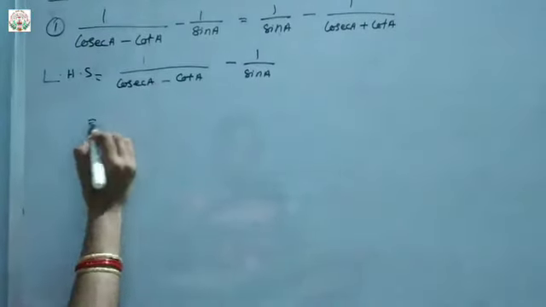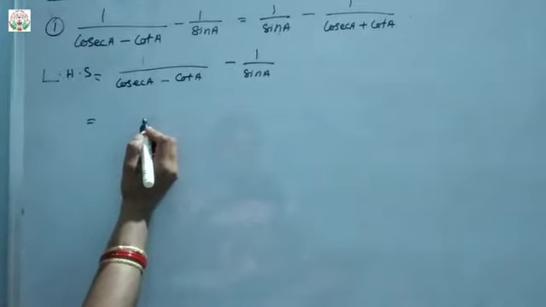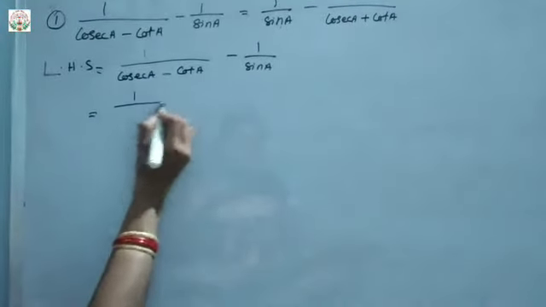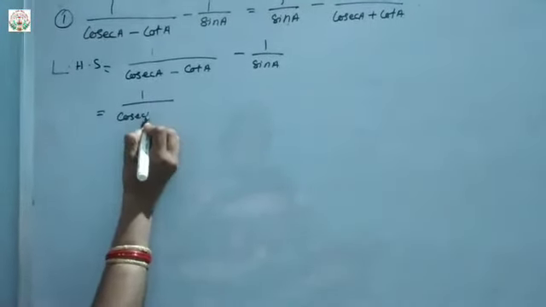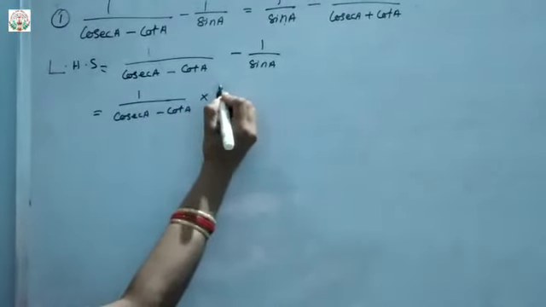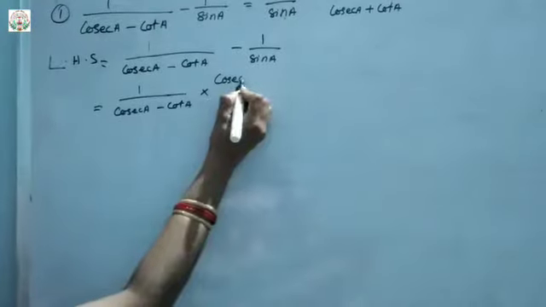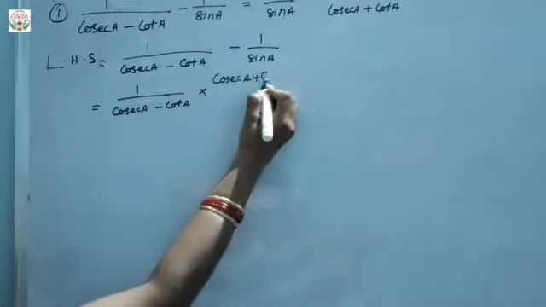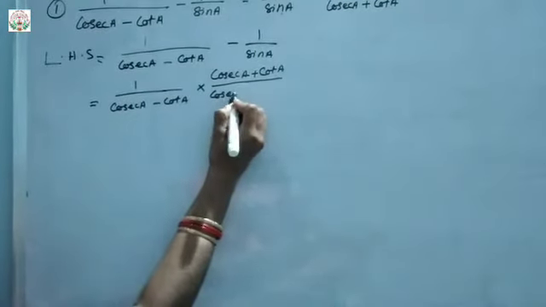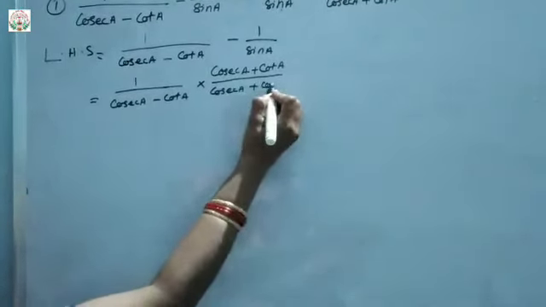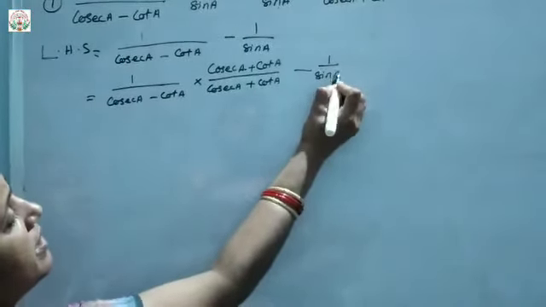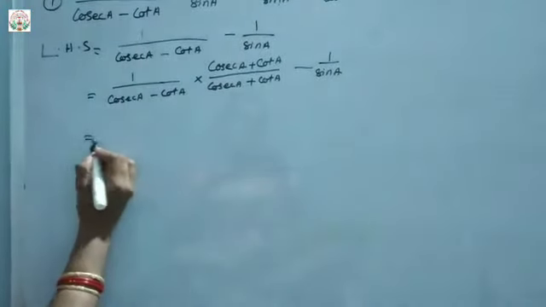Now we will do rationalization, means with the plus sign we will multiply and divide the numerator and denominator. That is 1 upon cosec a minus cot a into cosec a plus cot a upon cosec a plus cot a, minus 1 upon sin a, which is equals to what?